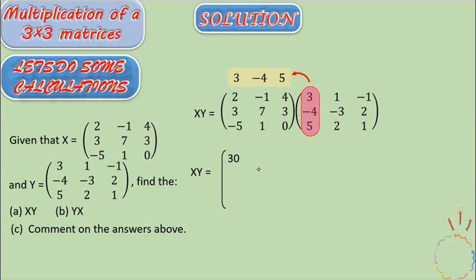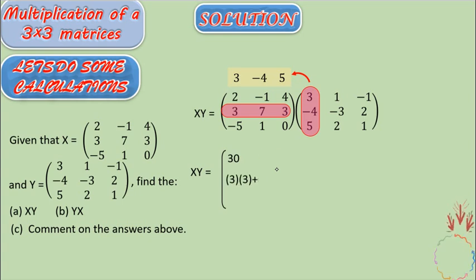So now we're going to move to the next one, to multiply row 2 by column 1. Now let's do that. Row 2 multiplying column 1. Once again, we have turned this to a row here, so we can now multiply 3 by 3, minus 4 by 7, and 5 by 3.